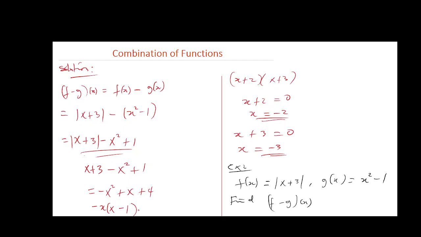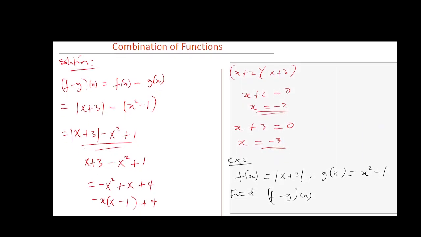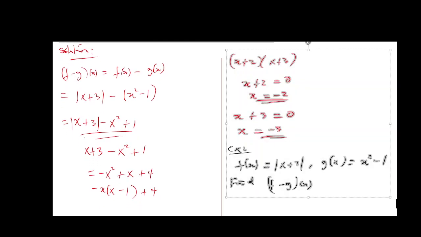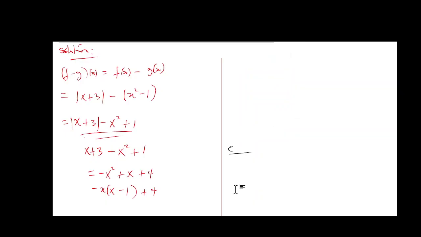So this is done, plus 4. Okay, and if you break it down further, you can get that the value of x is either plus 1 or minus 4. But let's solve that and get the value of x.